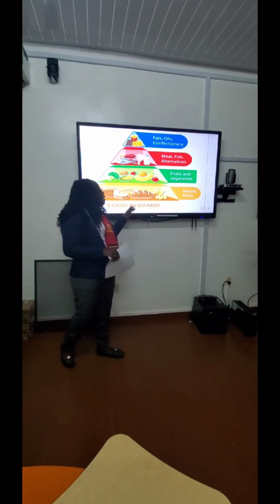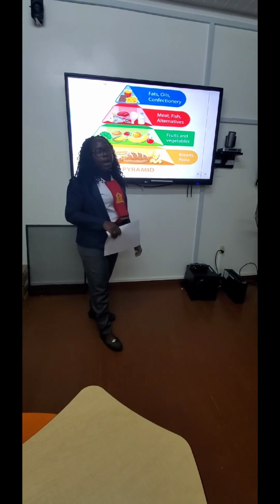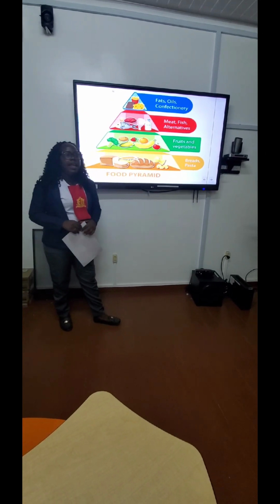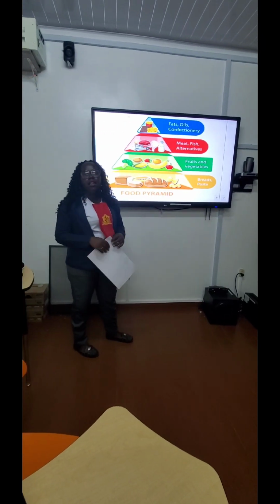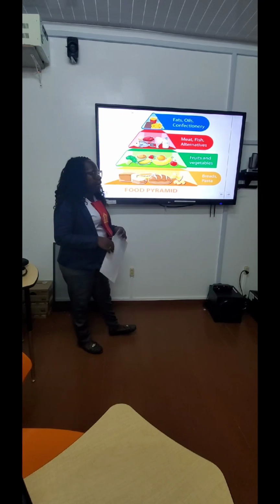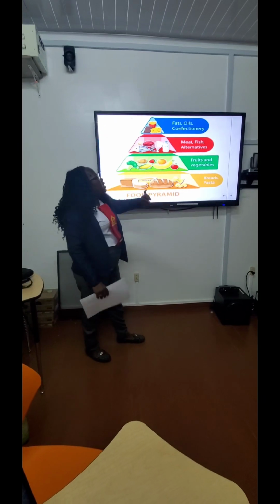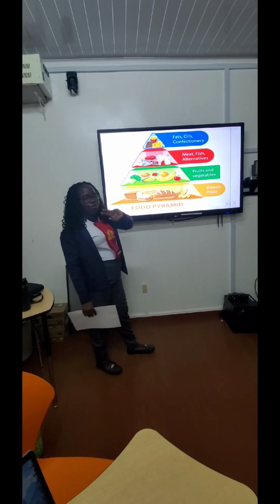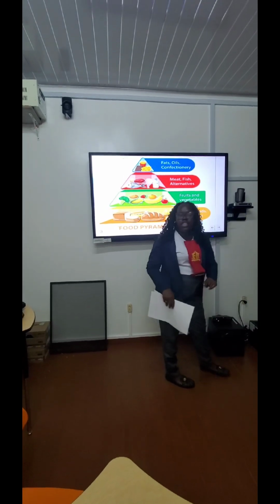And from this food group, we can get the food nutrients, carbohydrates, which is essential for energy, right? Carbohydrates give our body a lot of energy, right? And so when we consider this food pyramid, we must consider the nutrients that we get from each group, right? Good. Any questions?